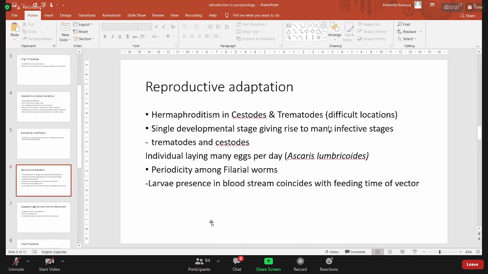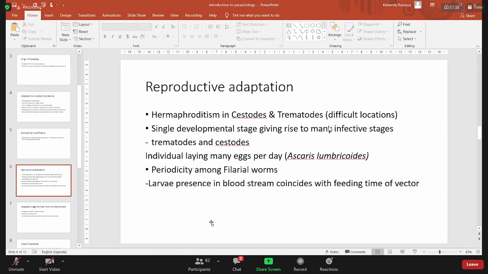Then, to increase their chance of survival, a single developmental stage is able to give rise to many infective stages, which is the case among trematodes and again cestodes. Again, to increase chances of survival, one individual parasite is capable of laying many eggs per day.